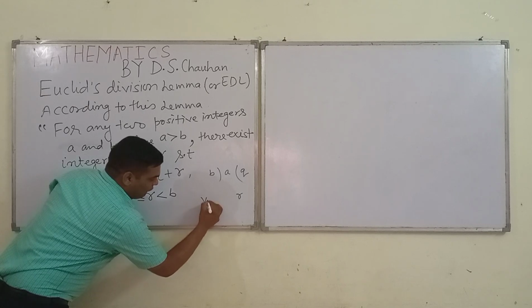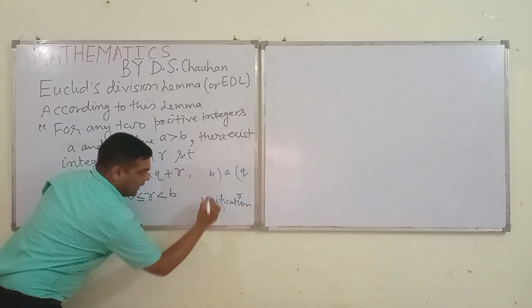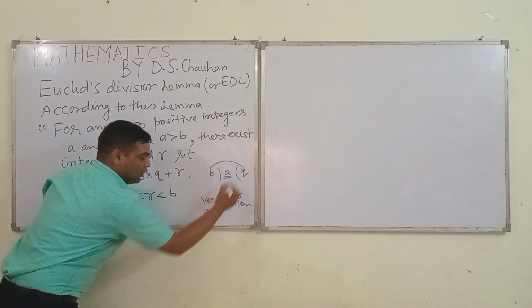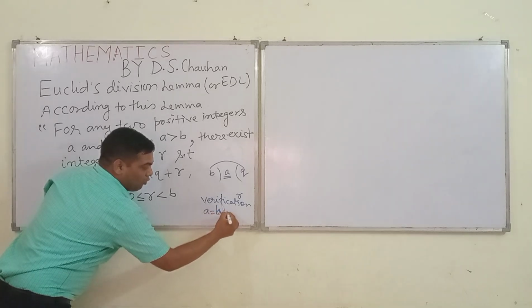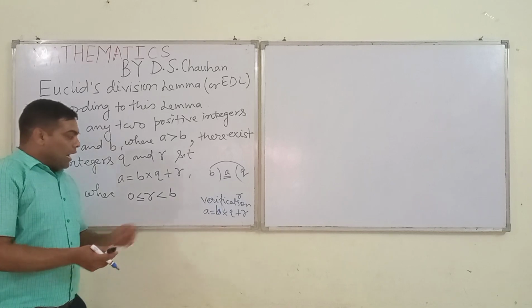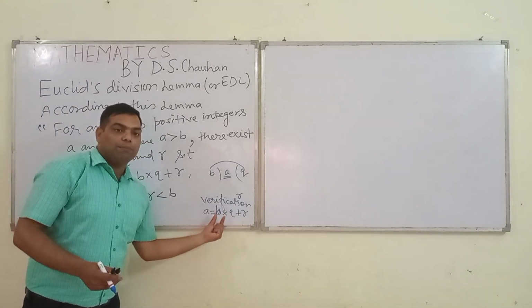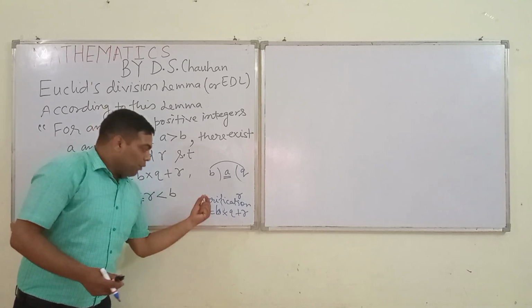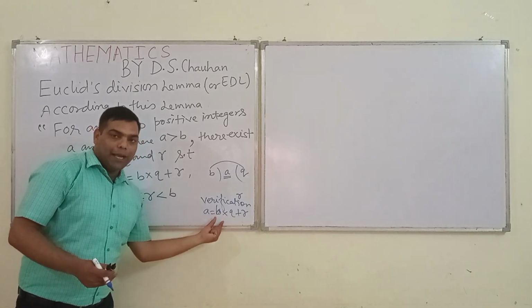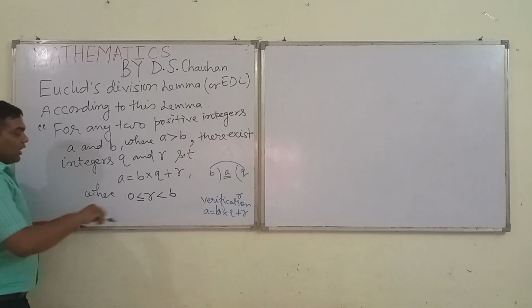And for the verification, students, all of you have used this formula, that dividend equals divisor into quotient plus remainder. Students, all of you have used this formula for the verification of division. Okay, keeping this formula in mind, you have to understand this concept.